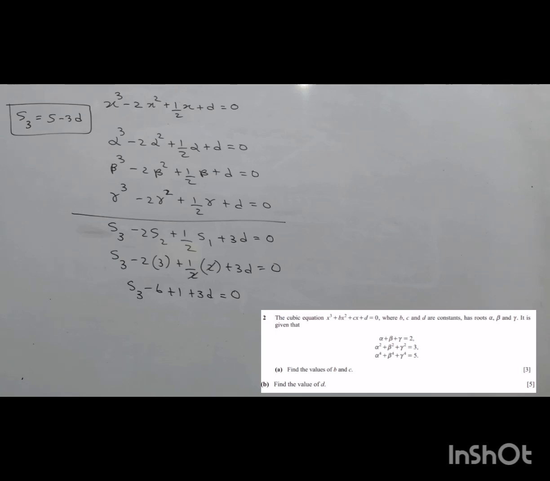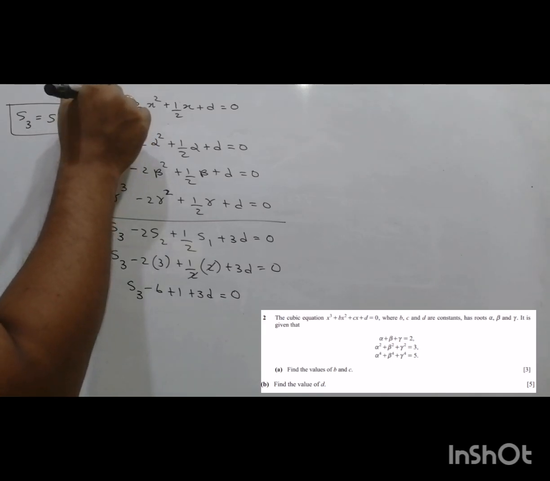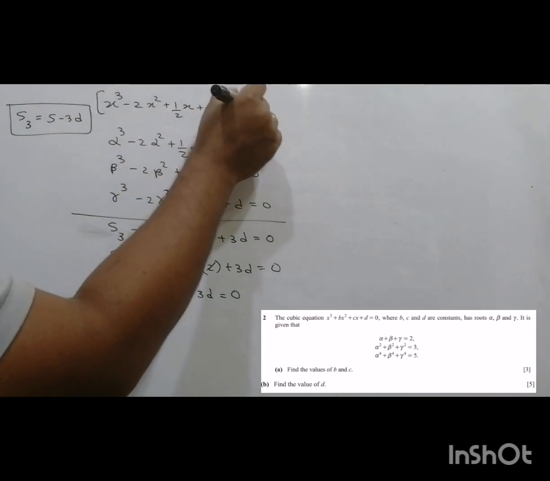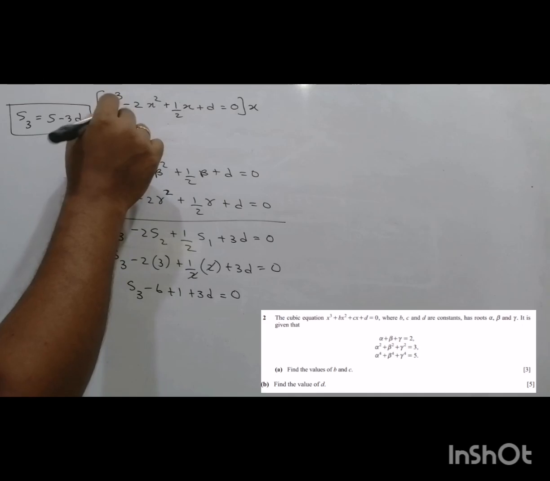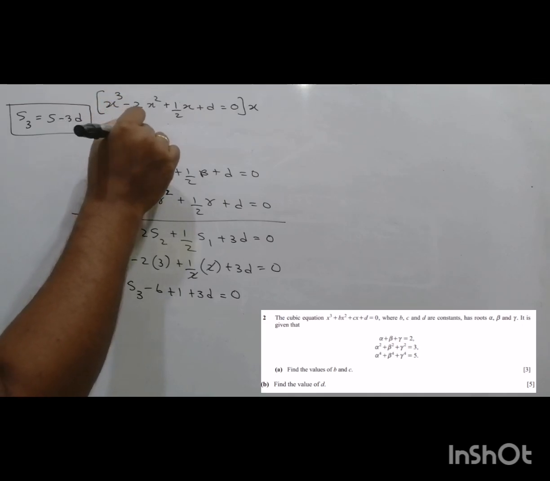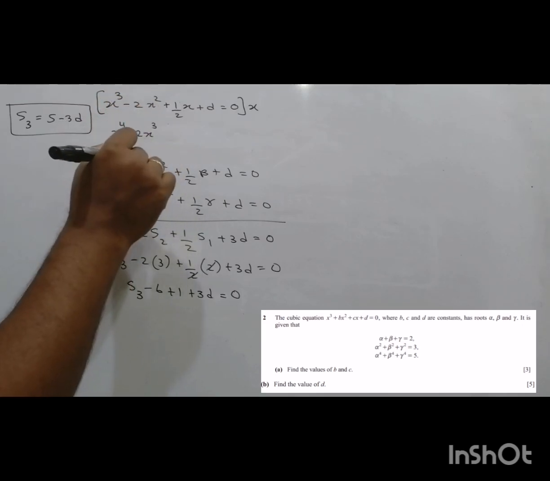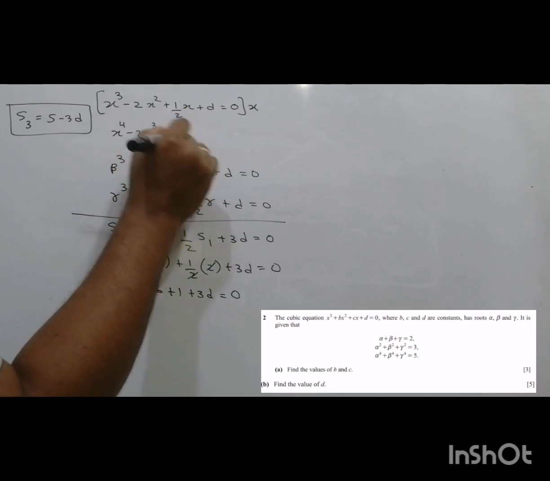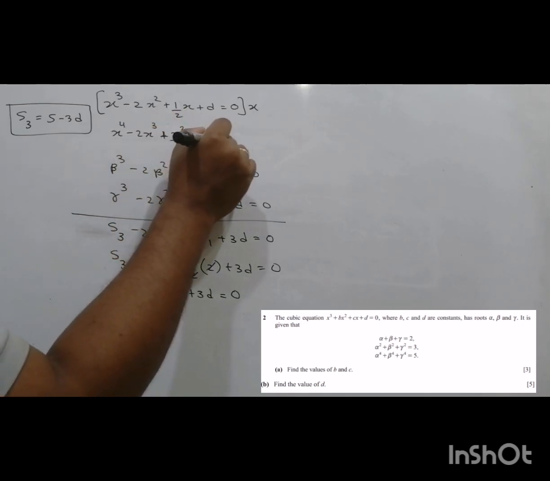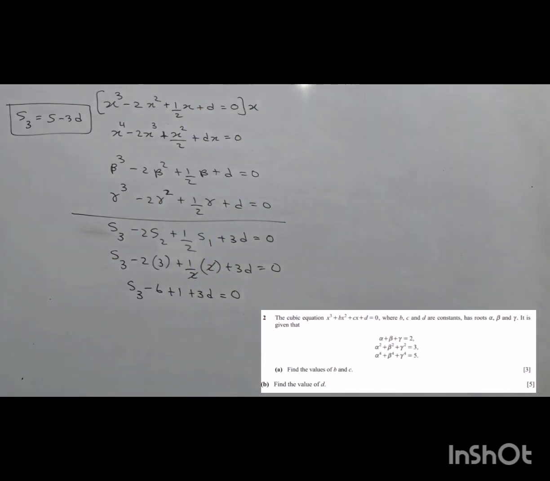Now we have also been given S4, that is the sum of the roots taken to their fourth power. We can multiply this equation by x over here, and then we would get x to the power 4 minus 2x cubed plus half x squared, that's x squared over 2, plus Dx is 0, because x times 0 is 0.